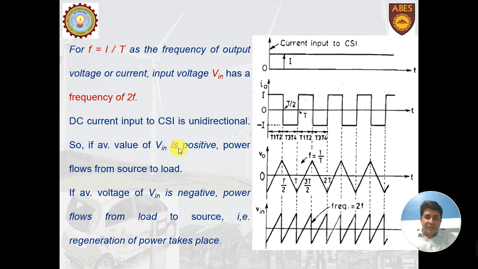So if the average value of V input is positive, the power flows from source to load. If the input voltage is negative, the power will flow from load to source, and during this time regeneration will take place. Now this is how a CSI works.